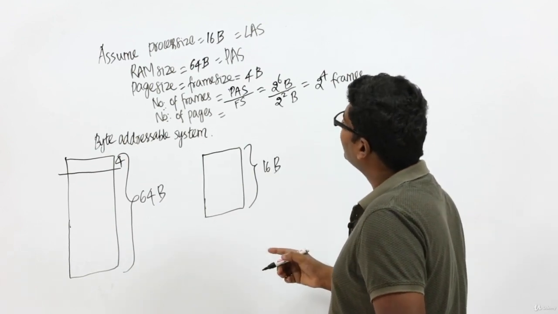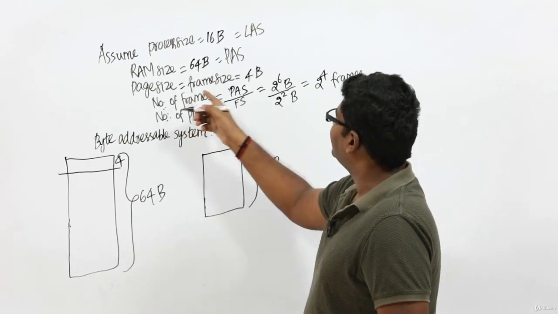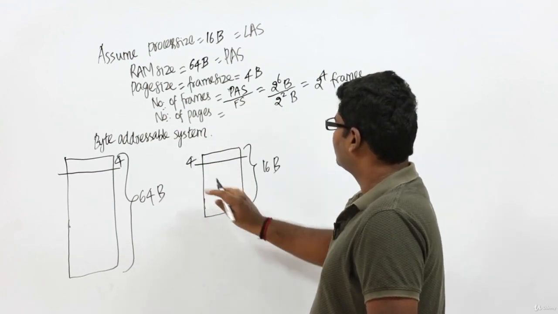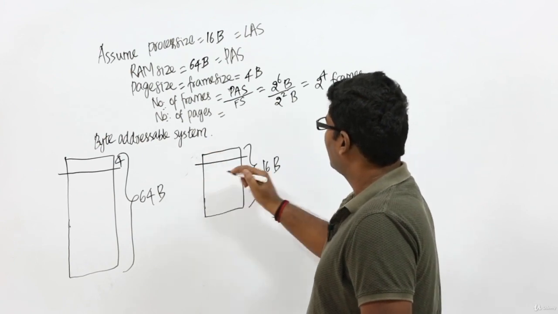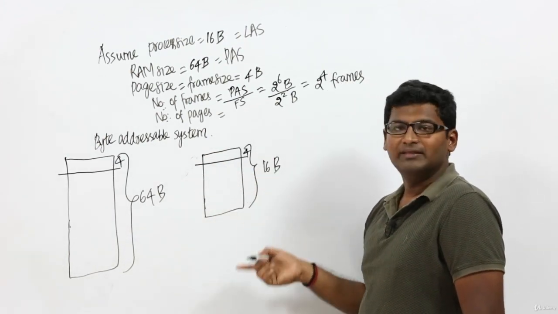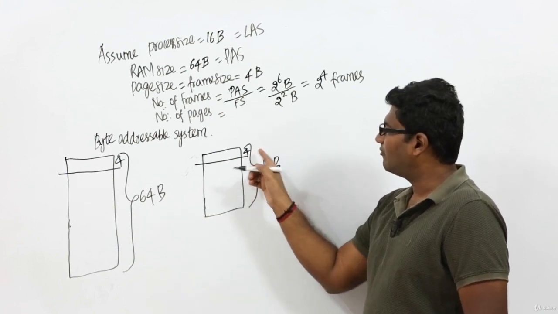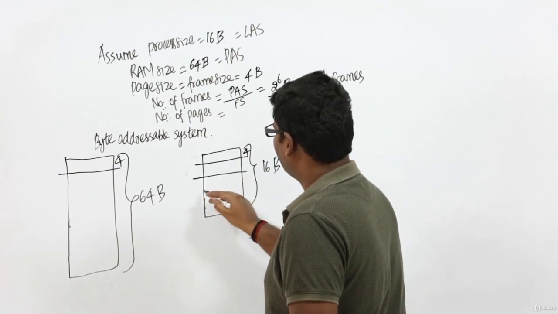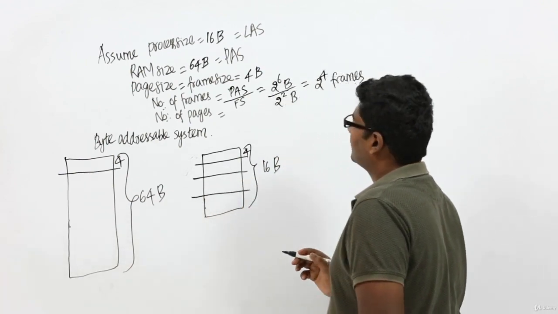Also, they have given that the size of a single page is 4 bytes. Now, how many such pages will be present in this process? 16 divided by 4 is nothing but 4. So we will have exactly 4 pages.